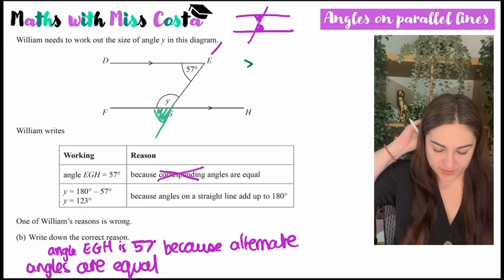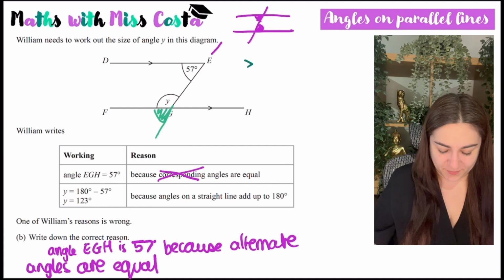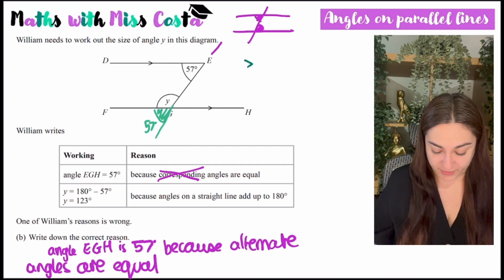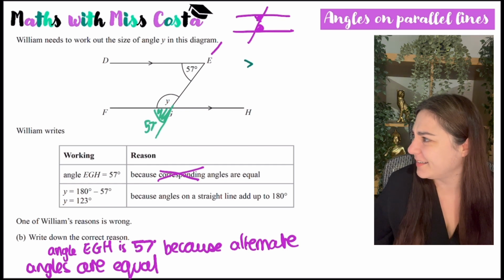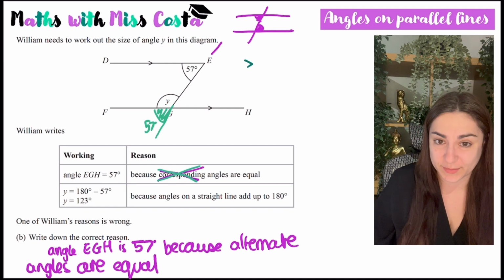It should have been co-interior angles sum to 180 degrees, but that one might be forgiven because perhaps he worked out that this is 57 degrees. But yeah, the main one is this is definitely not a corresponding angle.